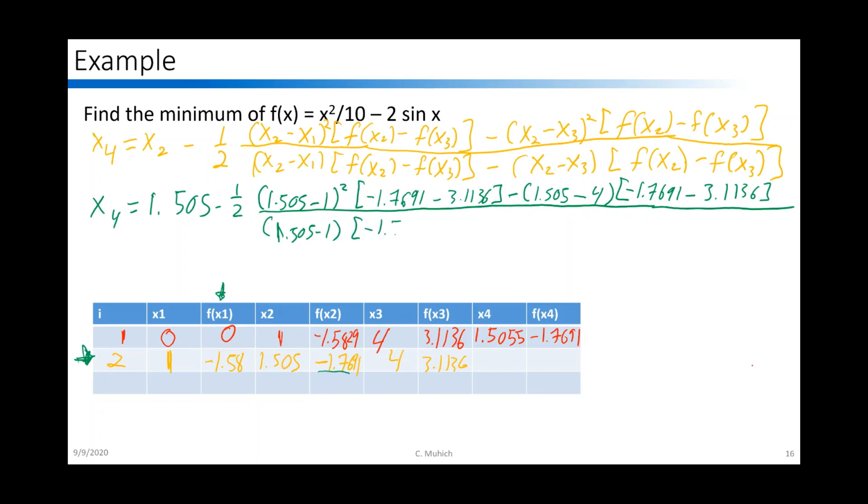Negative 1.7691 minus 3.1136 minus 1.505 minus 4 times negative 1.7691 minus 3.1136. And I can do all of this out, and we end up getting 1.4903.